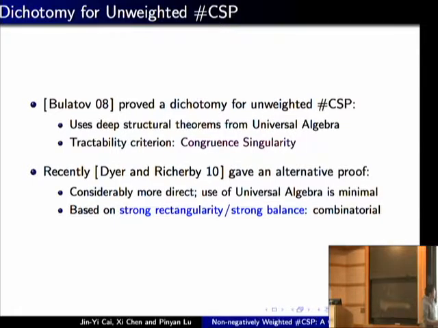And it looks much better, at least for me, because their tractability criterion is, as you will see in the next slide, essentially a very combinatorial criterion. It's related to these two notions of strong rectangularity and strong balance. And later you will see how our tractability criterion is obtained from these two notions.